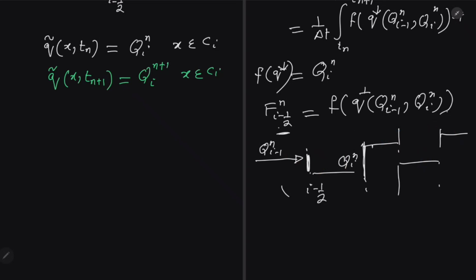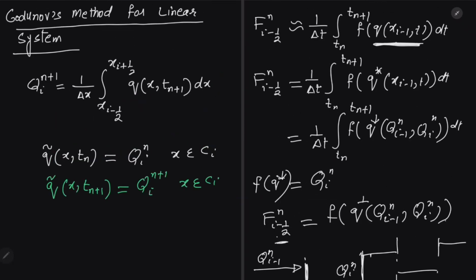This is called Godunov's method. Okay, I hope you got the point. The next thing we want to do, maybe in the next video, is to write the wave form of this Godunov's method. Thank you for watching.